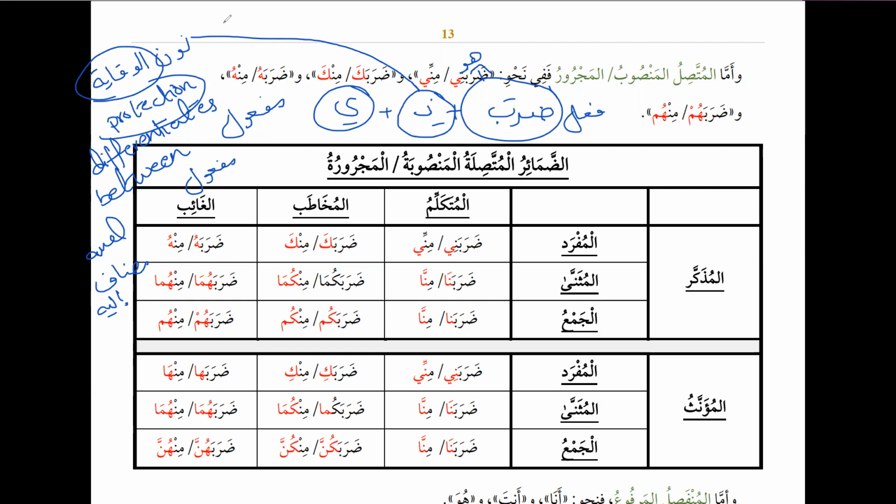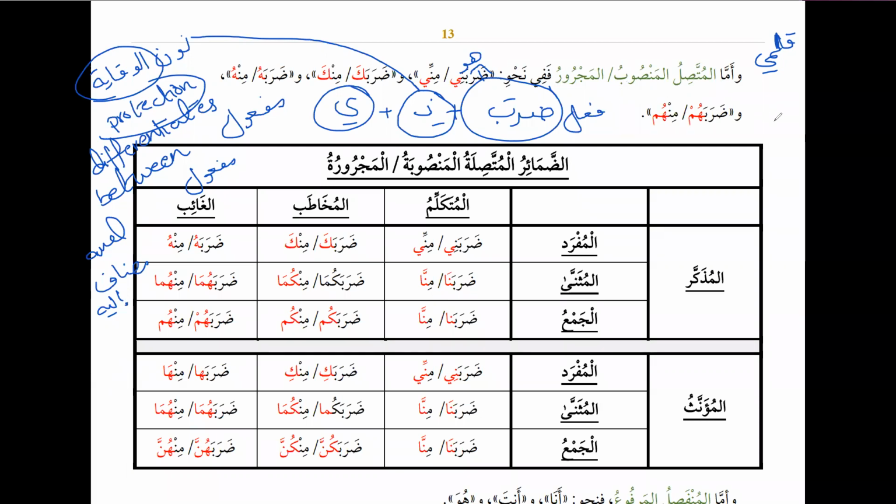So for example, if you have a pen, if you want to say in Arabic, my pen, how will you say it? Qalami. Is there any noon here? No. There is no noon.